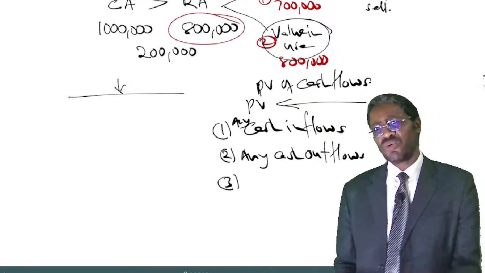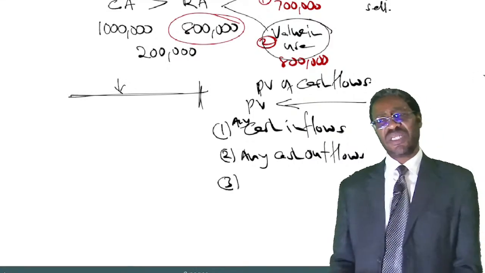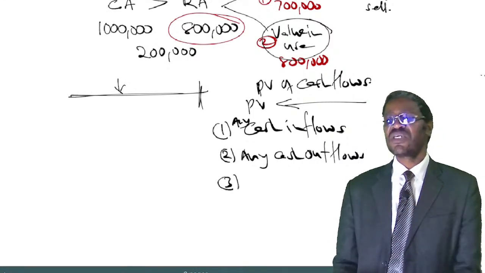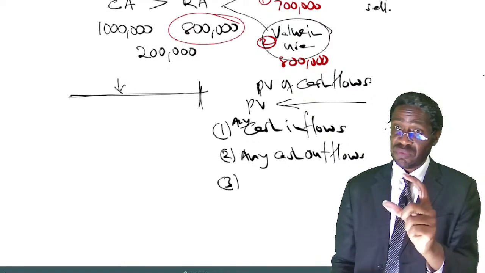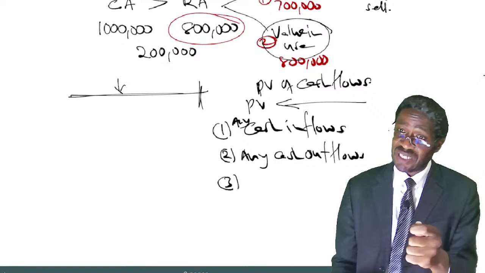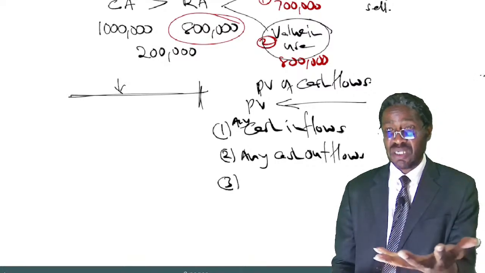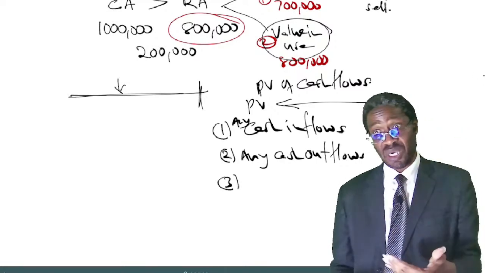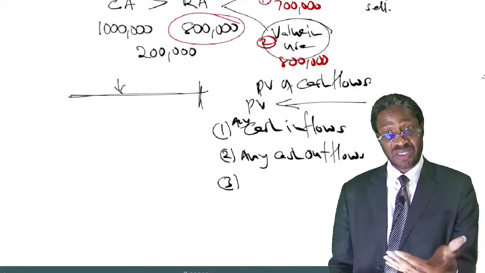you all know that at the end of the useful life of an asset, that asset has to be disposed. So on disposal of that asset, it could be that you will sell that asset, and as a company you will receive some cash at the end of the useful life of that asset.